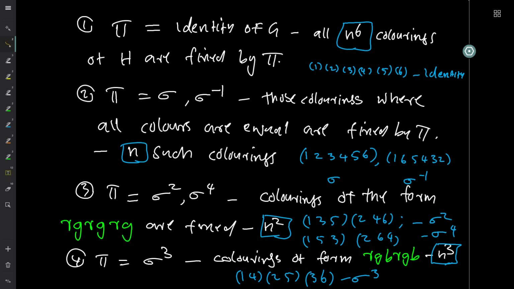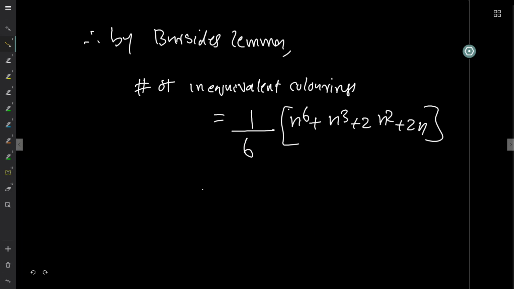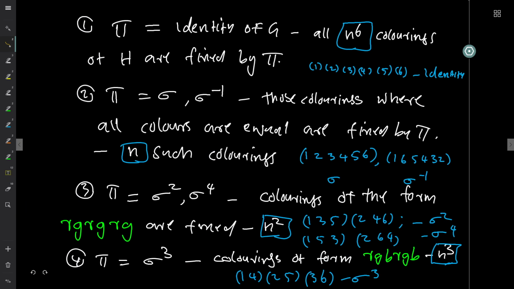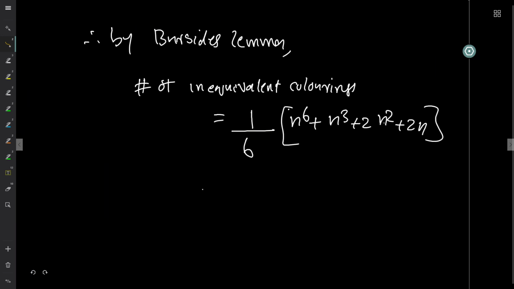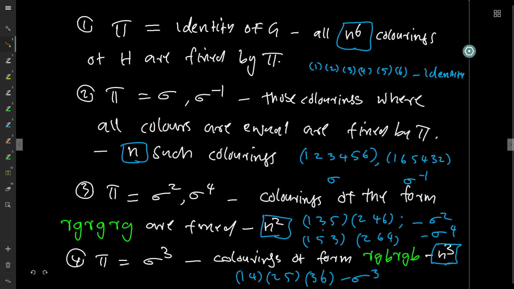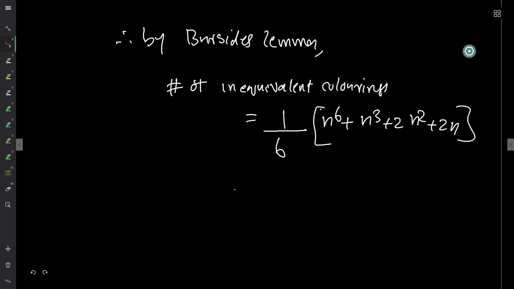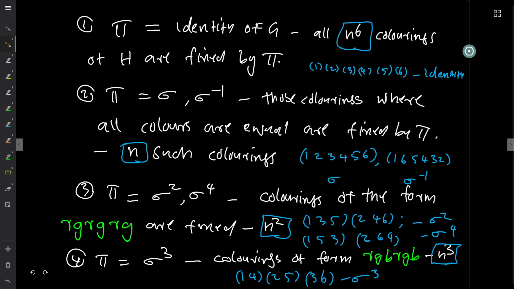So therefore, we can now apply Burnside's lemma. Let us do 1 by 6 into n raised to 6 colorings fixed by the identity, n raised to 3 colorings fixed by sigma cube, then n square colorings fixed by each of sigma square and sigma raised to 4, and n colorings fixed by each of sigma and sigma inverse.